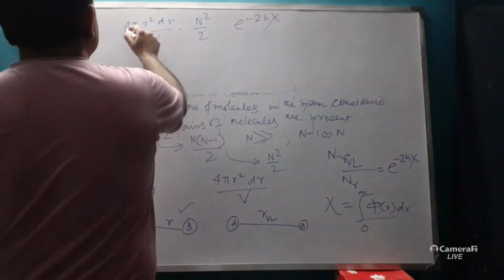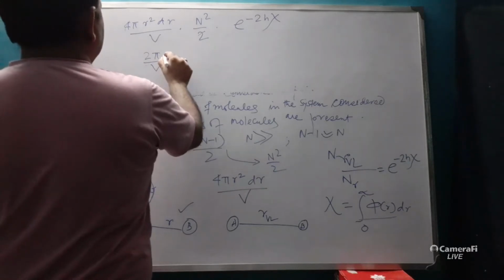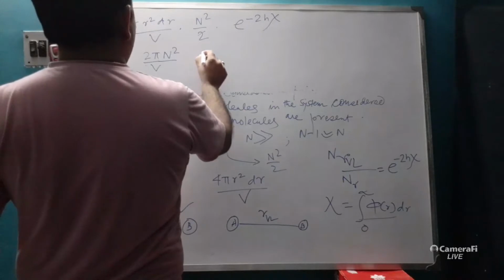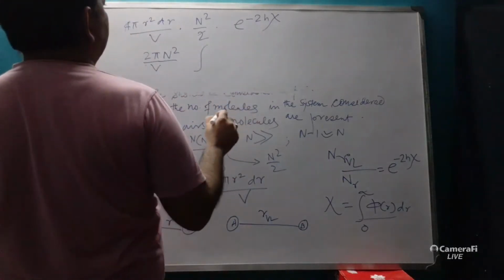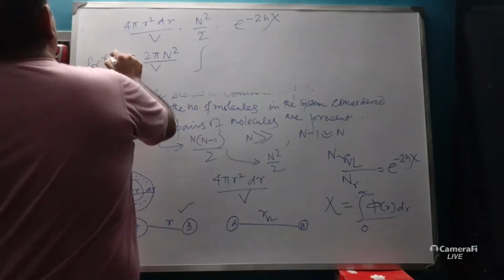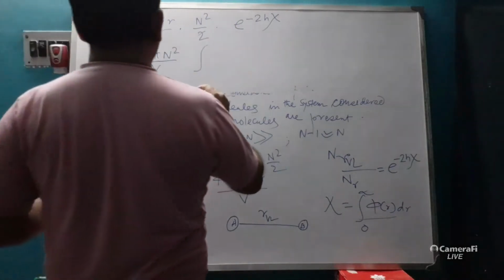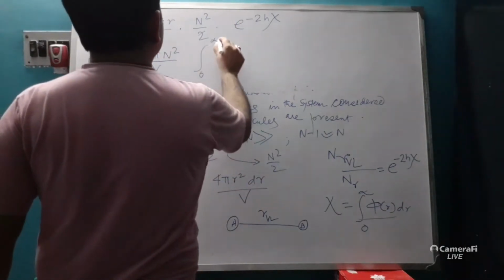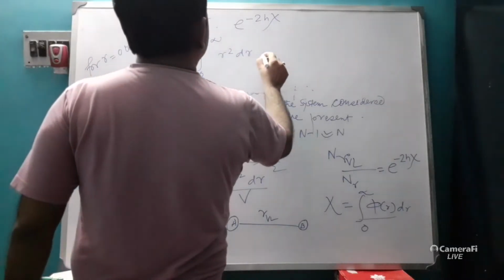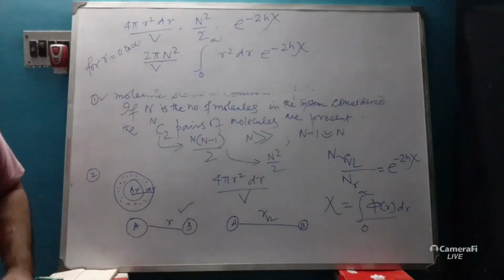We can cancel and find 2 pi n square by v, and the integration for r equal to 0 to infinity, for very large distance between the molecules, of r square dr e to the power minus 2h chi. This is what we have.